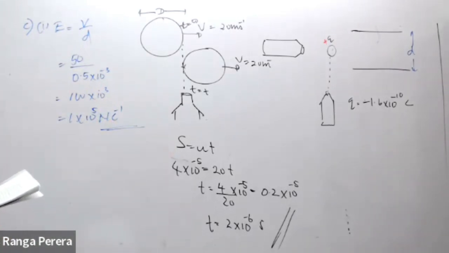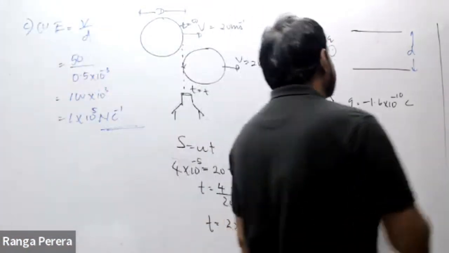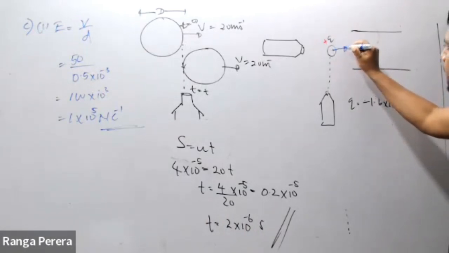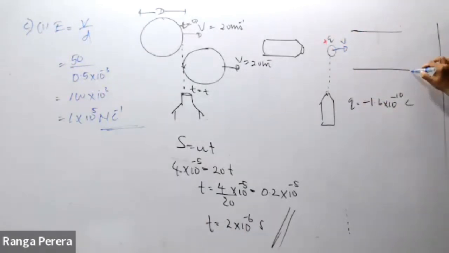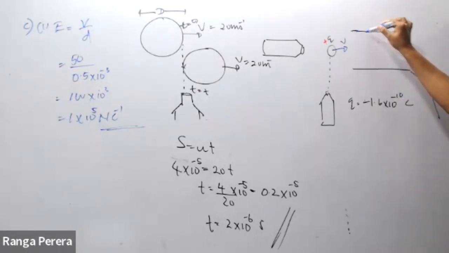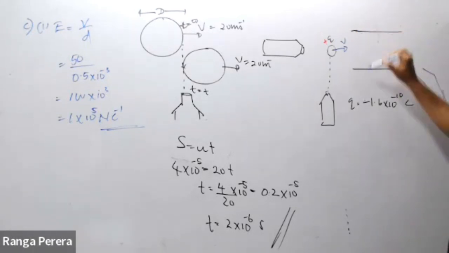Next point. What must be the direction of the electric field? Very important question. This is a plus charge now. It is plus charge travelling with the velocity v. If you want to take it into a gutter like this, what is the sign of this plate? I mean the top plate.